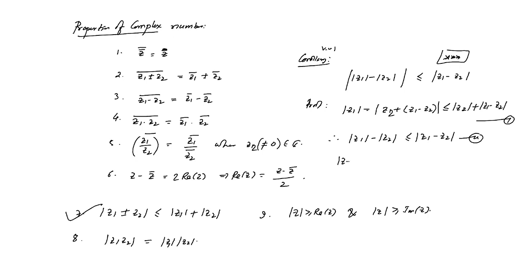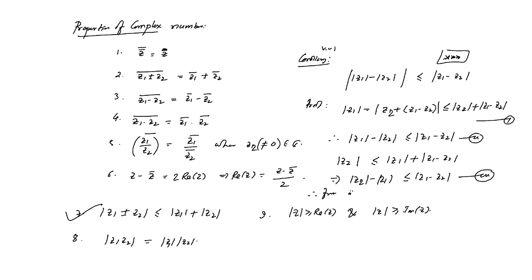Again you will start from Z2. Again it will be mod Z1 plus mod of Z1 minus Z2. So obviously here mod Z2 minus mod Z1 is less than or equal to mod of Z1 minus Z2. Take it as 3.